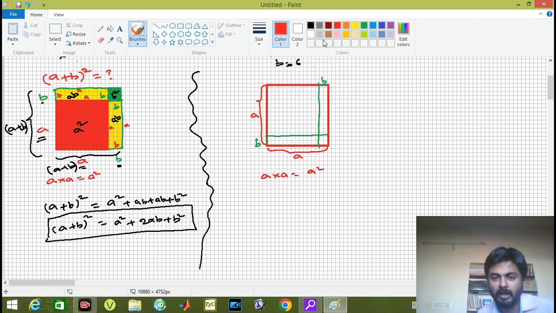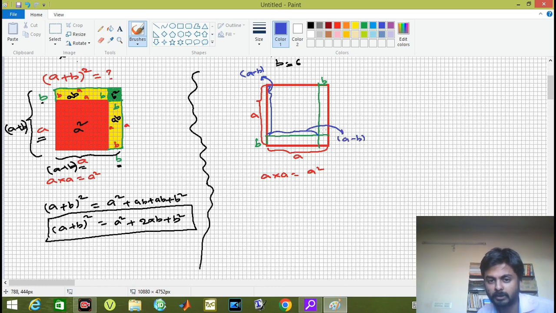After subtracting a small equal length and breadth called B, I am having this new length A minus B and the new breadth A minus B. So I think you have copied.